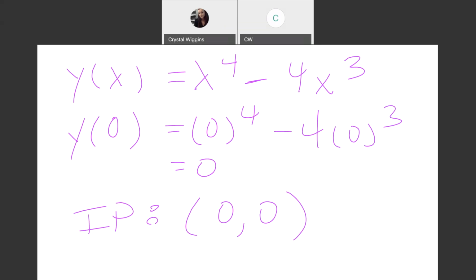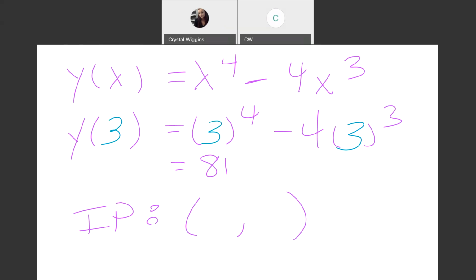Let's now calculate the y value for the x of 3, our critical value of 3. So we have 3 in for every x, and we get 3 raised to the 4th power. Let's calculate 3 raised to the 4th power. 3 to the 4th, 81.